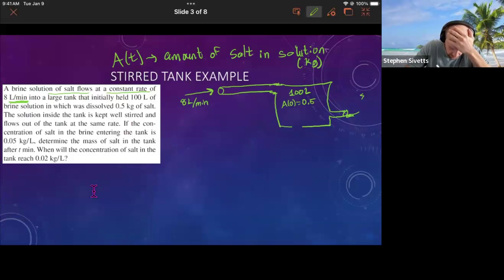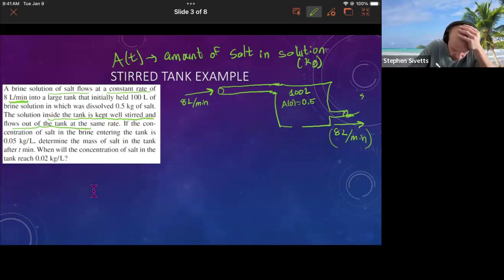So the solution that's inside the tank is stirred and it flows out of the tank at the same rate as the rate of the water that's going into the tank. So we're going to have an outflow rate of 8 liters per minute of the solution.